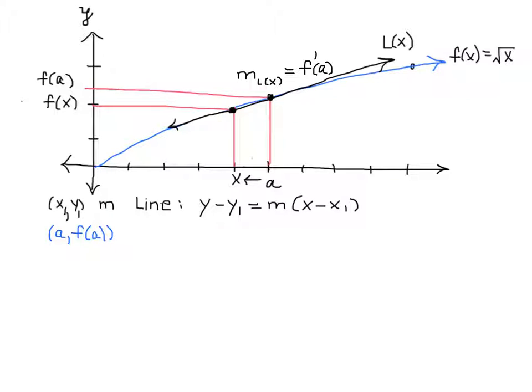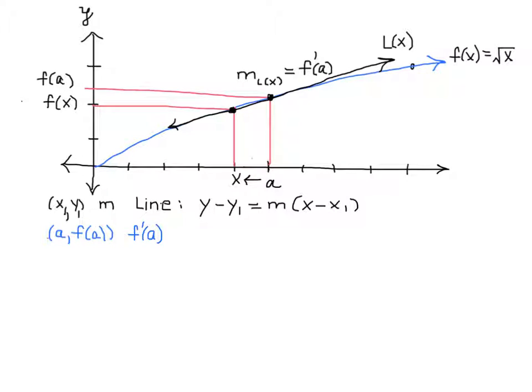Because, of course, the slope of f of x is changing. So when we're talking about this secant line right here, it goes right through a, f of a. Its slope is the derivative of this curve, f of x, at a. So it's f prime of a, okay? So coming back down here, our slope is f prime of a.